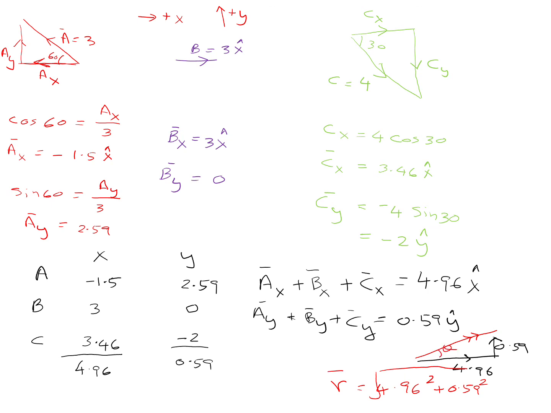You can measure theta, which is the direction. Use tan theta, which is 0.59 divided by 4.96, and you can take the inverse. This is how you solve this kind of problem.